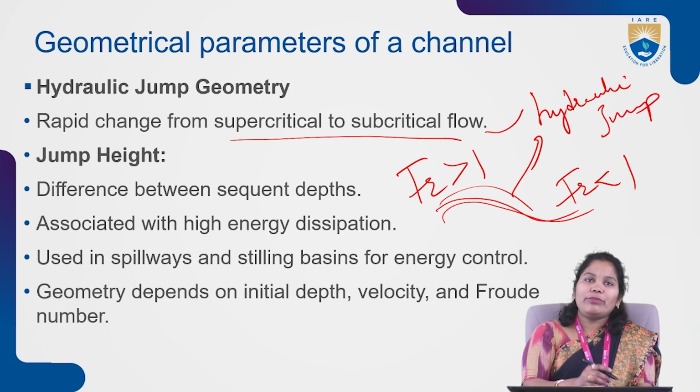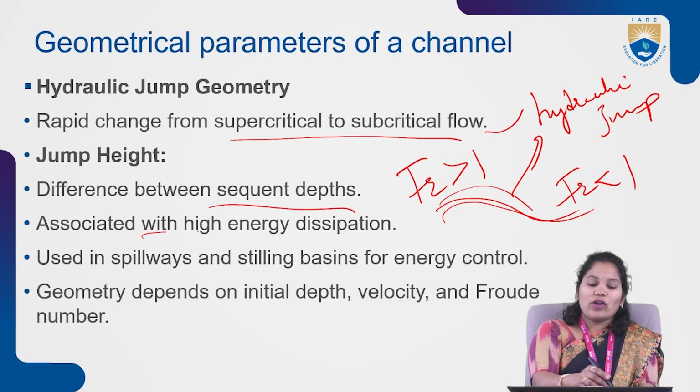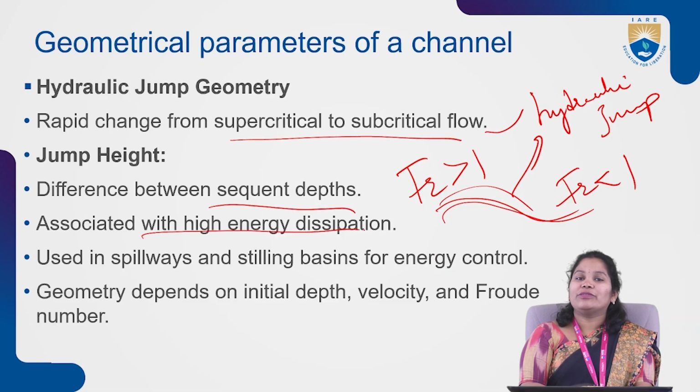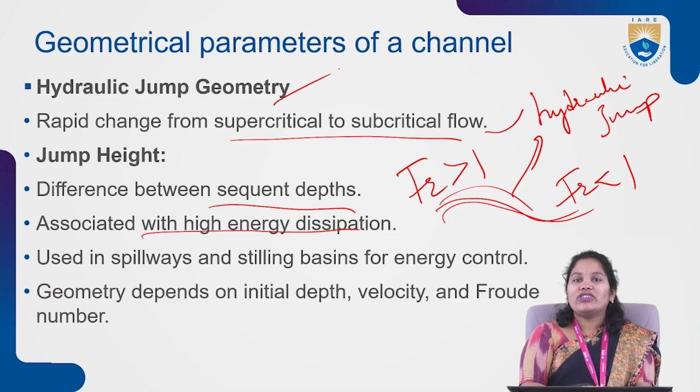Next, the difference between the sequent depths is associated with very high energy dissipation when a hydraulic jump occurs, and it is used in spillways and stilling basins for energy control.